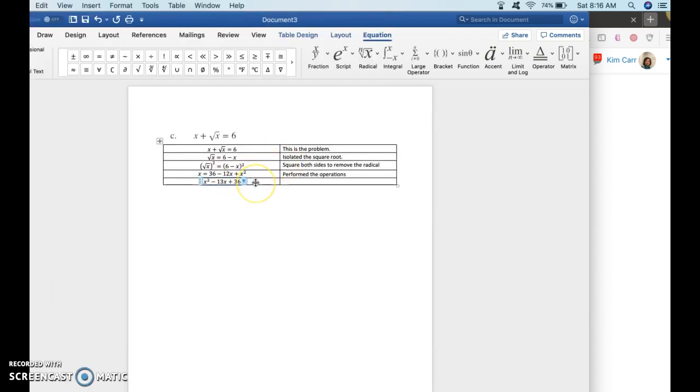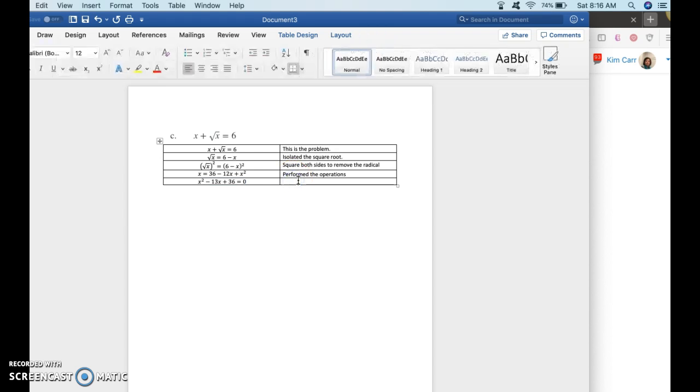Now all that's put together. You move the x over, but you need to set it equal to 0. So we actually subtracted x from both sides. Kind of arranged it in order.